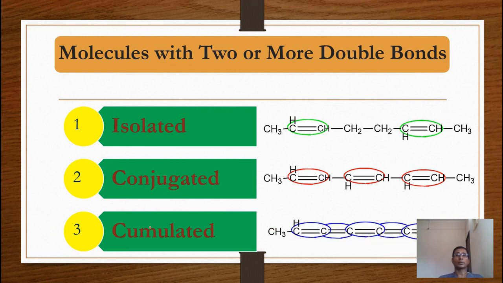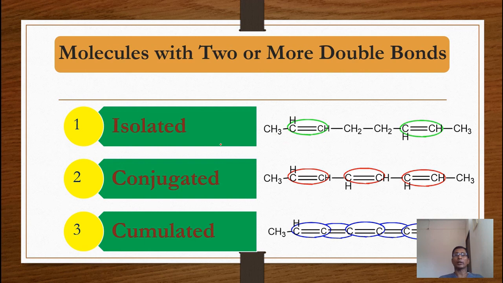These three types of alkenes having two or more double bonds are differentiated depending on the position of the double bonds. Let us see which compounds are called isolated.